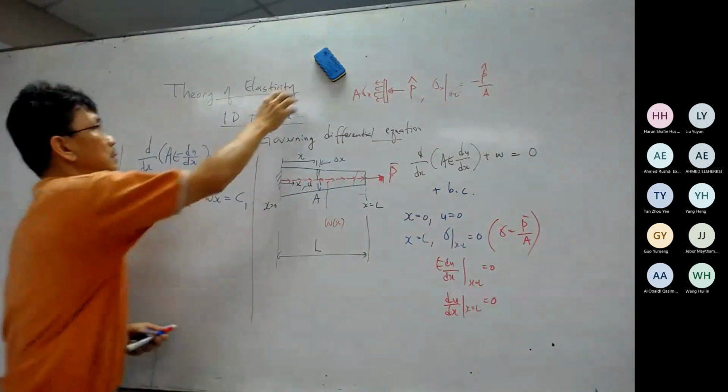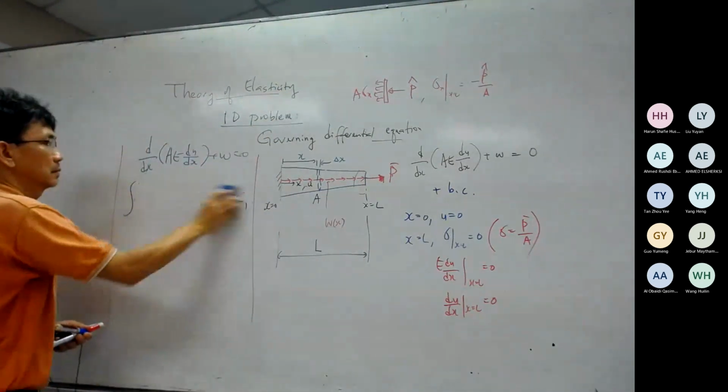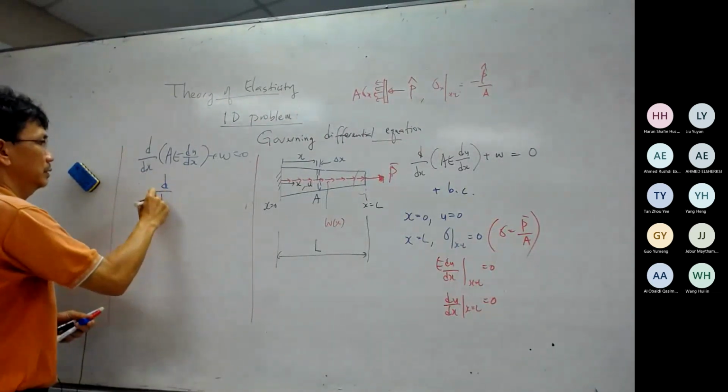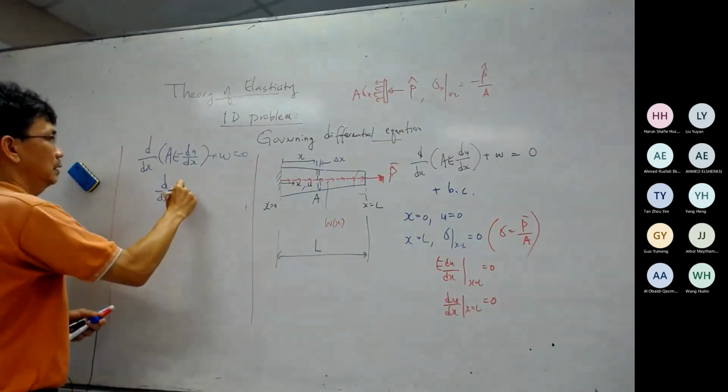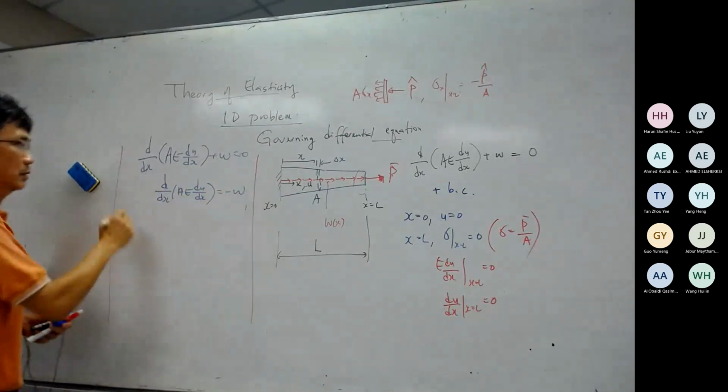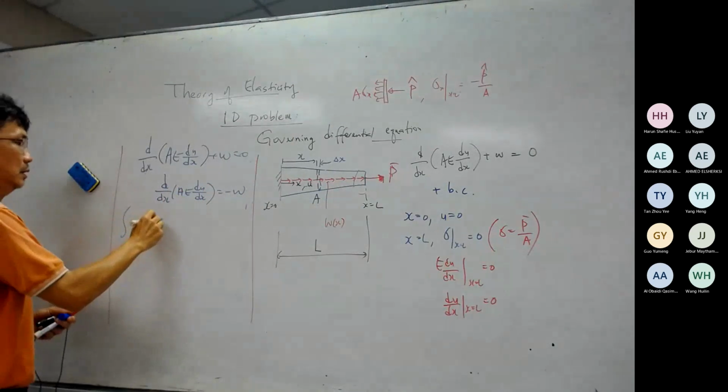Or I can write it down here as d over dx of AE du dx equals negative w. So I integrate once, and I get AE du dx equals negative wx plus C1. This C1 has to be determined using the constant.